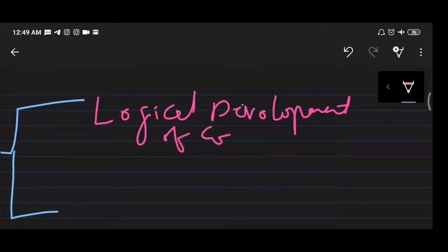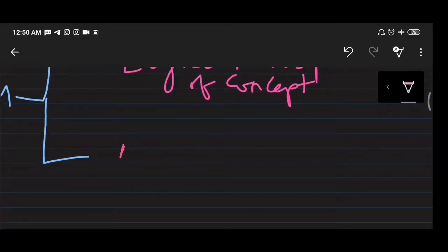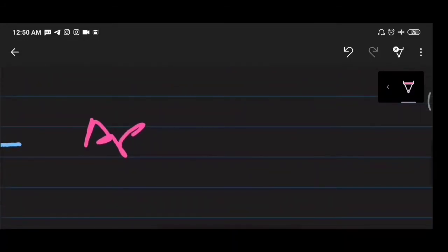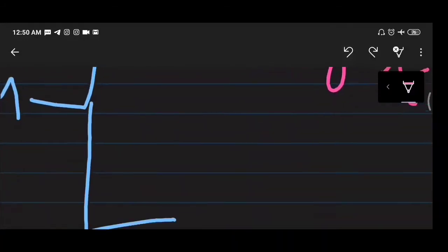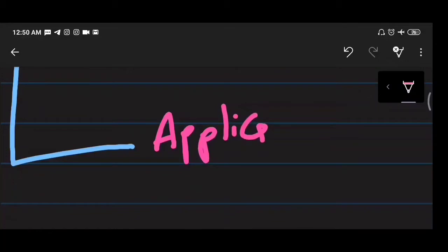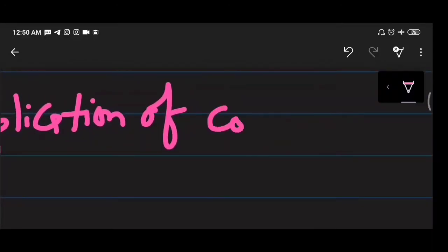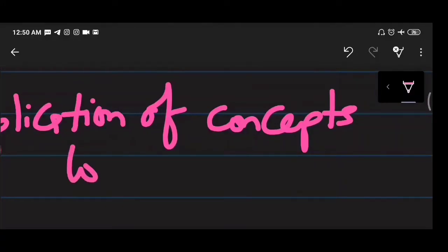And another one is application of concepts to practical problems, right?